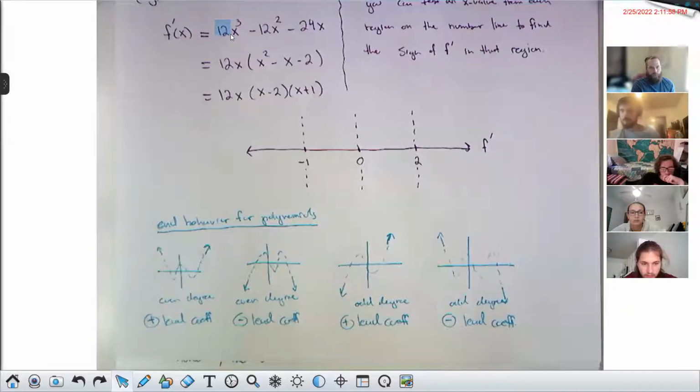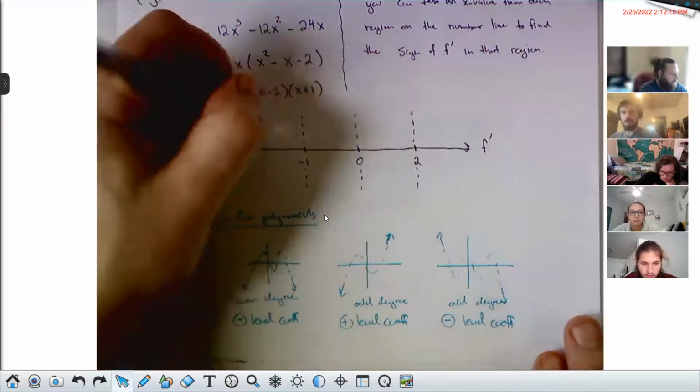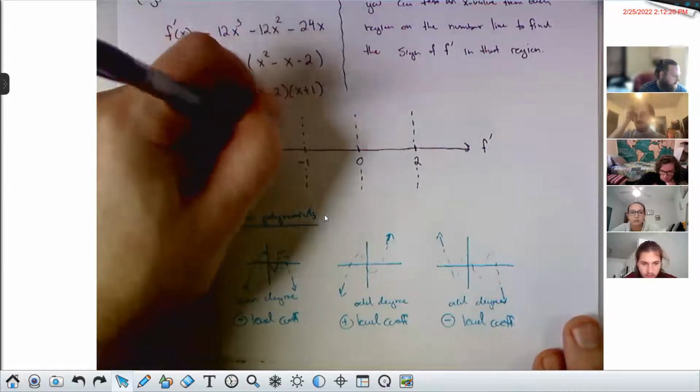It is the number 12, which tells me that the end behavior for f prime is this one, odd degree, positive lead coefficient.